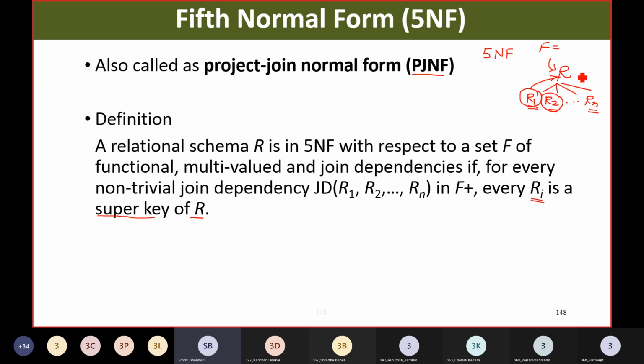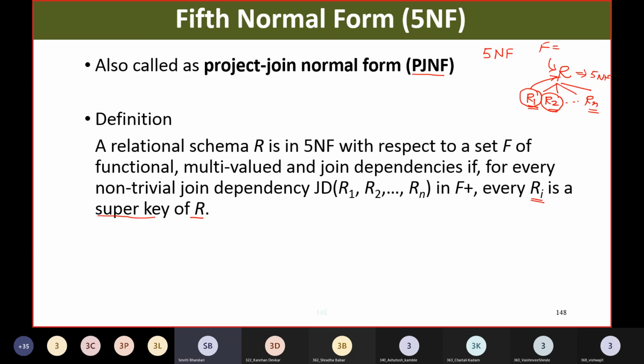If I consider the original relation, then R1 forms a super key of R. Similarly, R2 also forms a super key of R, and Rn also forms a super key of R. So if it is possible to decompose the original relation R into a set of relations R1, R2 up to Rn, and if every such relation forms a super key of R, then we say that this relation schema R is in 5NF.